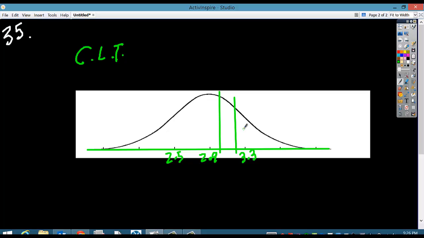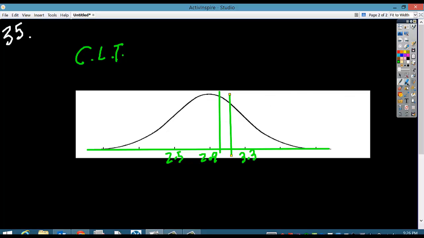Okay, and for part B, estimate the probability that it's between 3 and 3.1. So that's why I put these right here. This is your 3, and maybe I'll move this one over. This is supposed to be your 3.1 here. Okay. So this is your 3 and this is your 3.1.